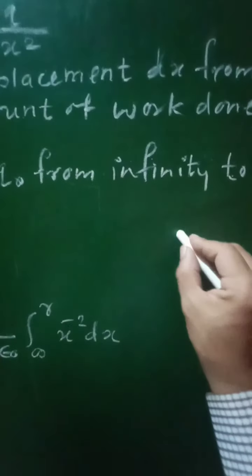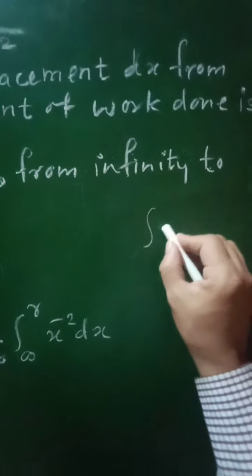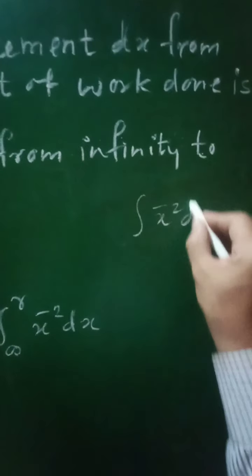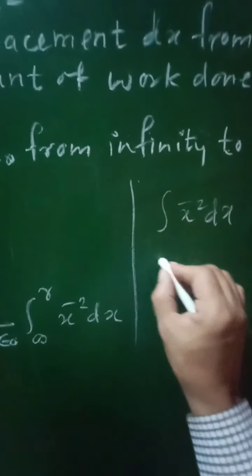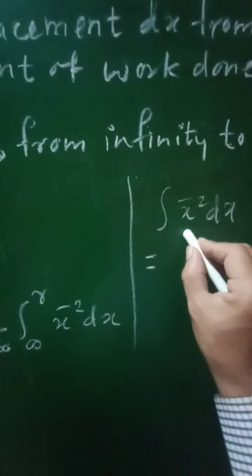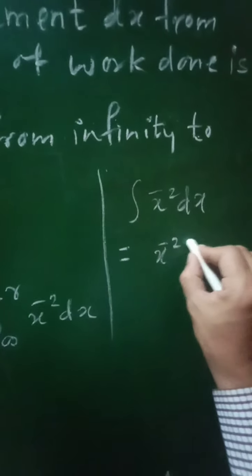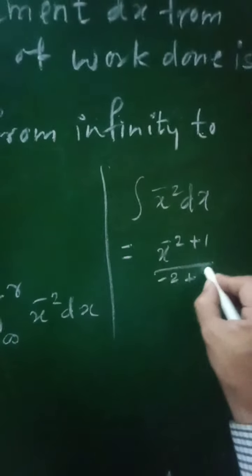Now if you consider the integration of x raised to minus 2 dx, that integration will be solved as x raised to minus 2 plus 1 upon minus 2 plus 1.